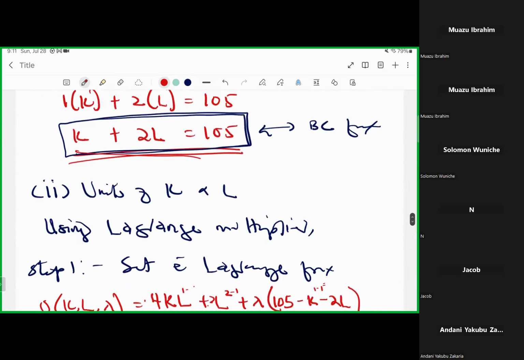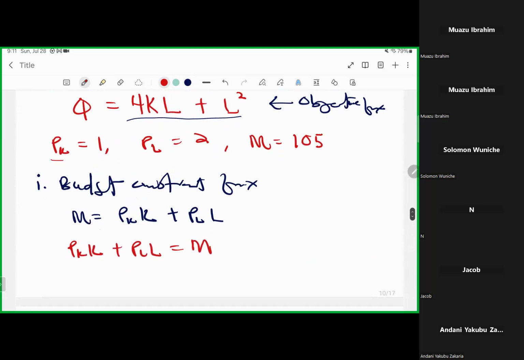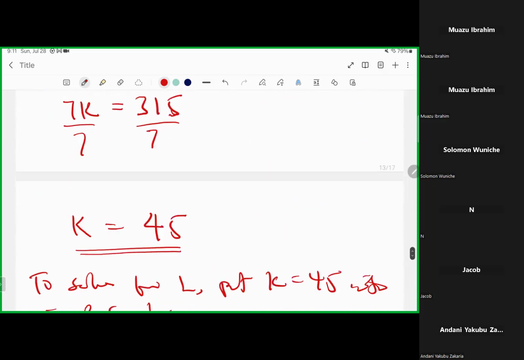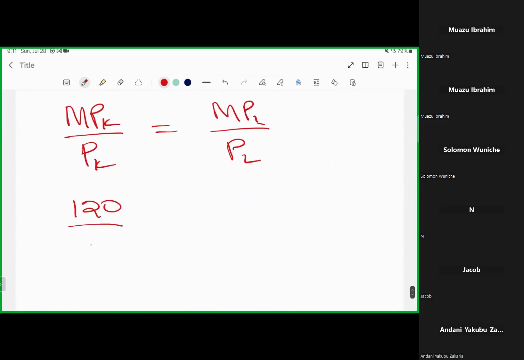From the budget constraint, you can even find it here. It's 1. And then price of labor is 2. So here would be divided by 1. Price of capital is 1 and price of labor is 2. So this divided by 1 is 120.